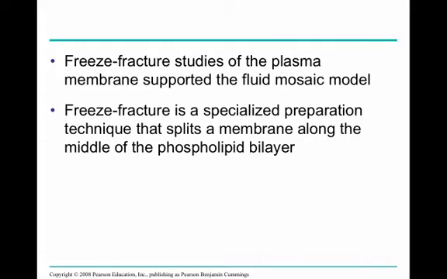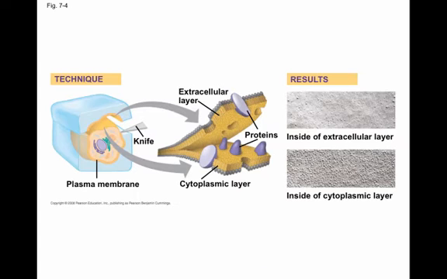So in order to see what's on the inside of the membrane, they did freeze fracturing, which basically is freezing a membrane, or in this case they're showing you freezing a cell, and this is obviously a simplified model, and then with a microscopic knife shearing off the outer layer of the membrane, in effect opening up the membrane so you can see how the proteins embed themselves in the membrane, and you can see the two different layers.